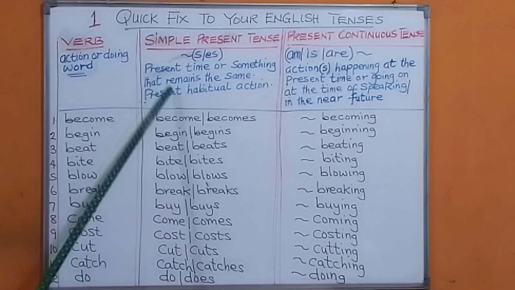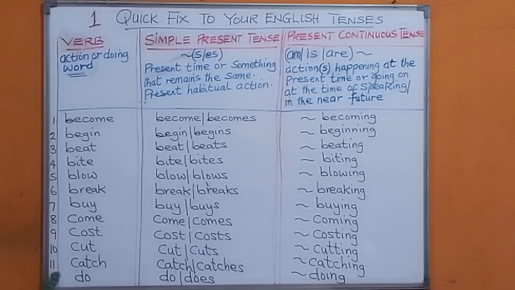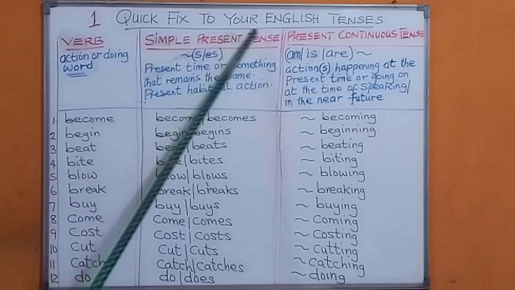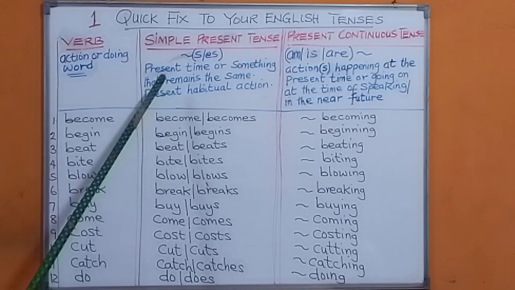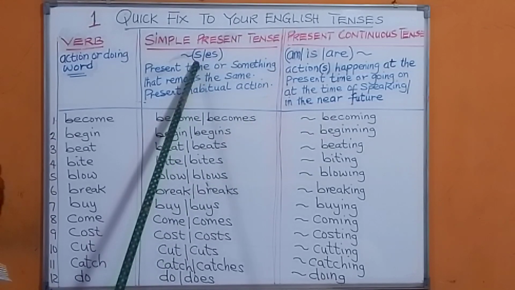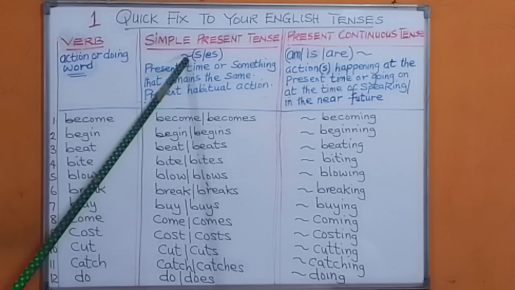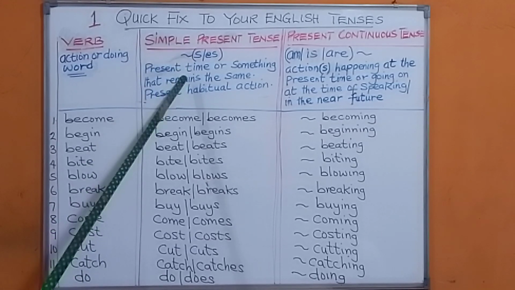So a simple present tense talks about the present time or something that remains permanent. When something remains the same, it's permanent. It does not change. You also put that in simple present tense. Present habitual action.